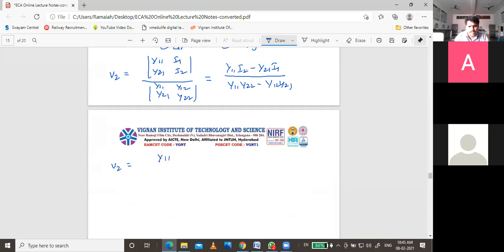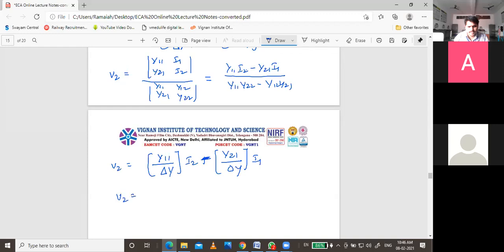Therefore y11 by this, y11 y22 minus y12 y21, I am writing determinant, that is determinant of y, det of y, into this I2, plus, sorry, minus this y21 by this entire term, delta y, into I1.